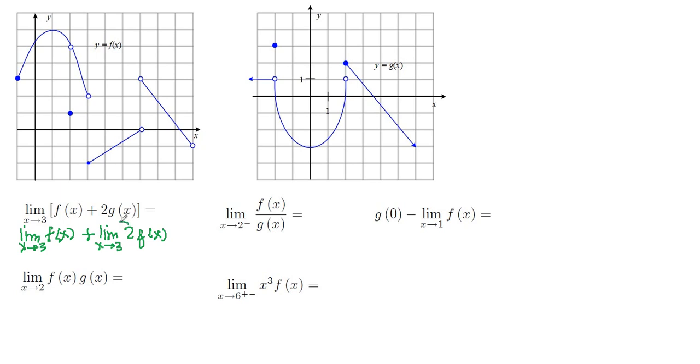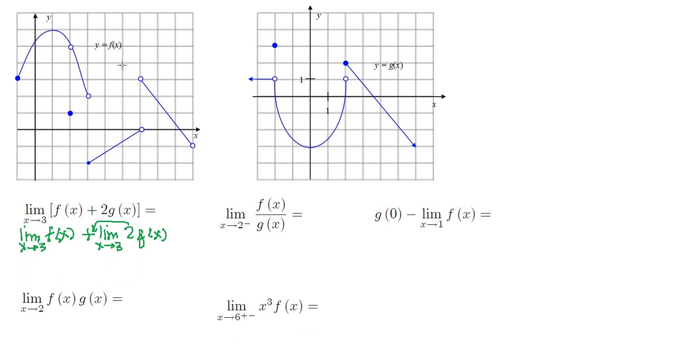And then also by the limit laws, this 2 will come out in front. So this is equal then to the limit of f of x as x approaches 3 plus 2 times the limit of g of x as x approaches 3.